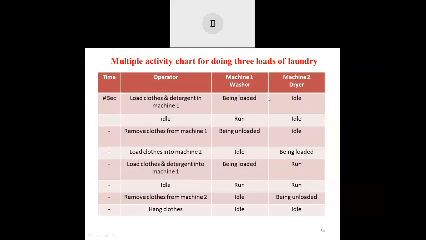At that time machine 2, which is a dryer, will be idle. Then the operator will be idle and machine 1 will run. At that time machine 2 dryer will be idle. Then remove cloths from machine 1.